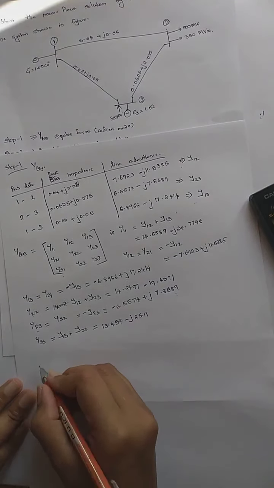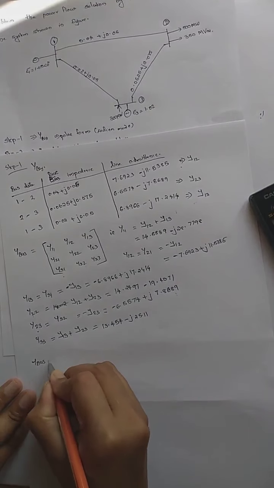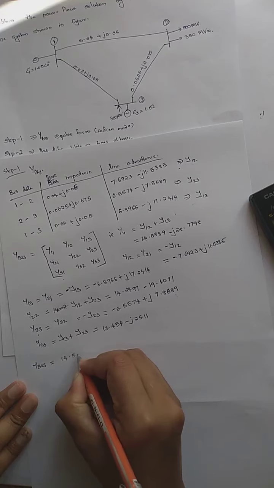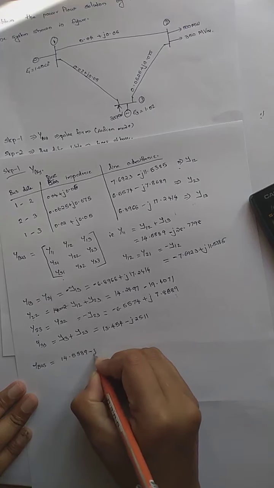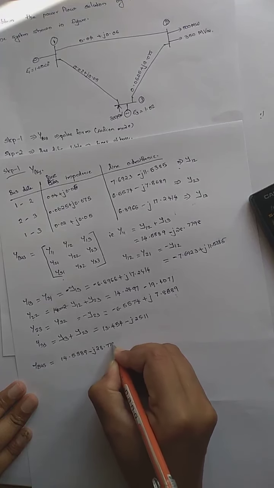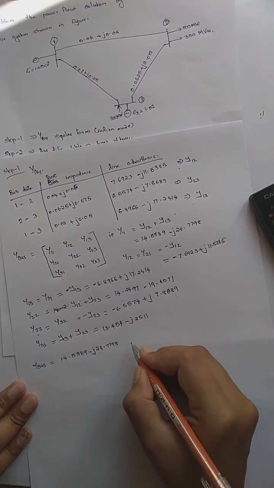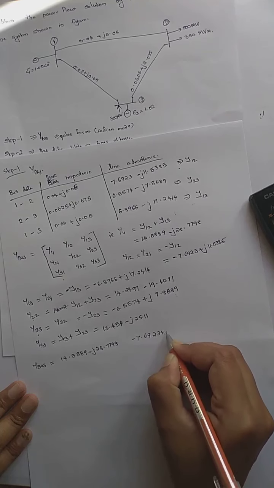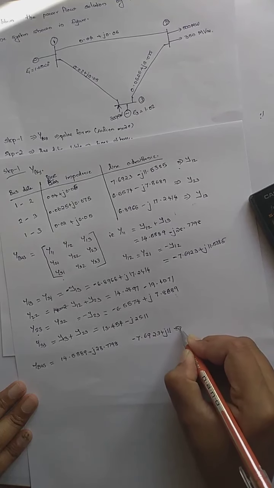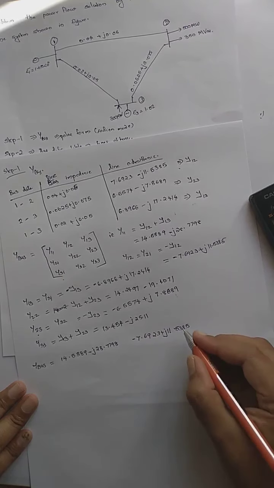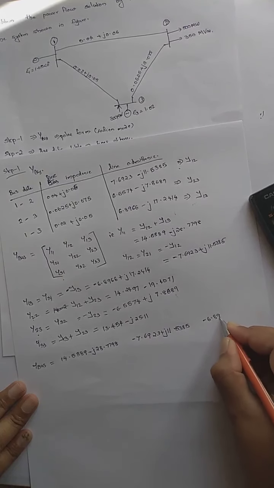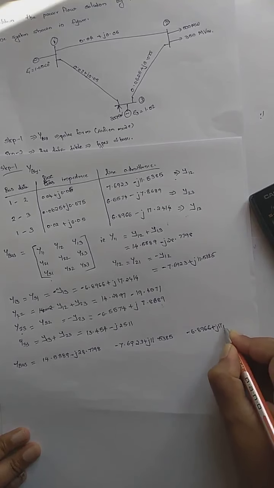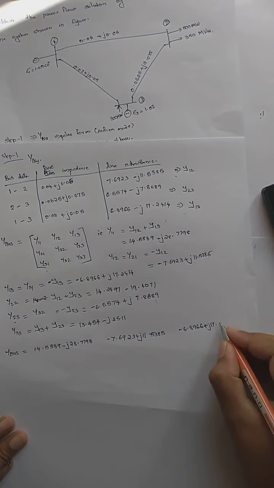Next I have to write my Y bus matrix neatly. Y bus is equal to: Y11, 14.5889 minus j 28.7798; then Y12 is minus 7.6923 plus j 11.5385; Y13 is minus 6.8966 plus j 17.2414.